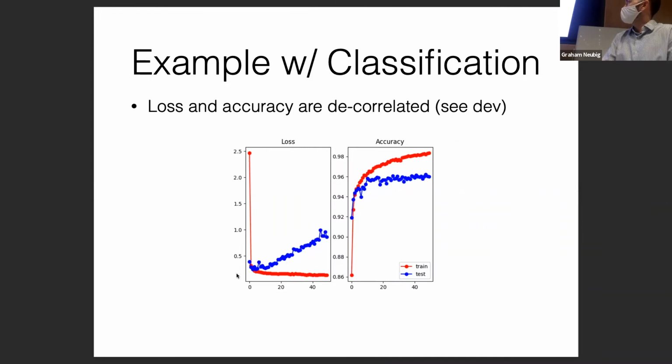Here's the loss, and here's the accuracy. What we can see is that the loss very quickly reaches a minimum, and then starts getting worse, but the accuracy continues to get better. A lot of people have probably experienced this. Does anyone have an idea why this happens? Oh, and this loss is negative log likelihood, just for reference.